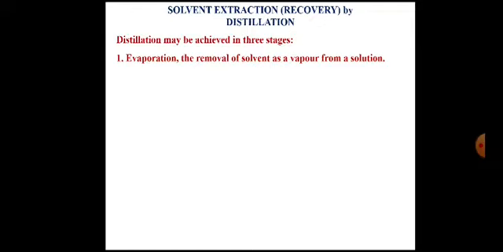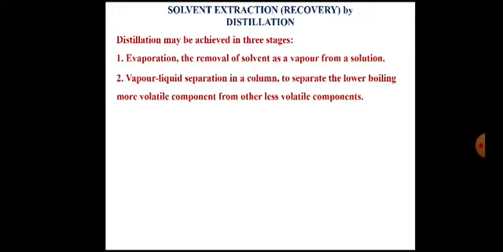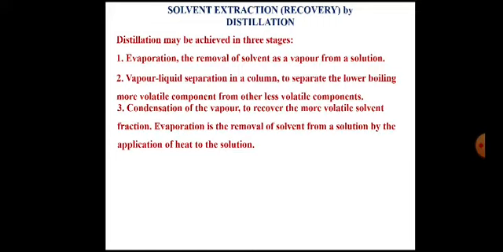First step is evaporation, the removal of solvent as vapor from a solution. Second step is vapor liquid separation in a column to separate the lower boiling, more volatile components from other less volatile components.